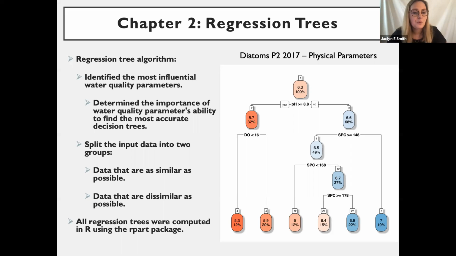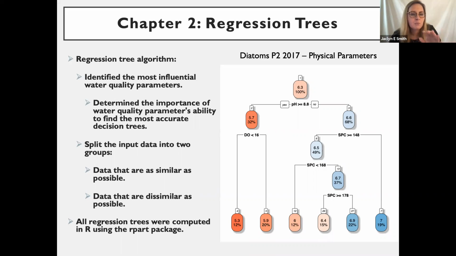And if the pH is greater than or equal to 8.8, you would follow the left line, and that would drop you into the first bin there, where it's about 32% of the total observations. And the average of the diatoms would be about 5.7 log cells per liter. Now, if the opposite case is true, if the pH is less than 8.8, then it would drop you into the bin to the right.